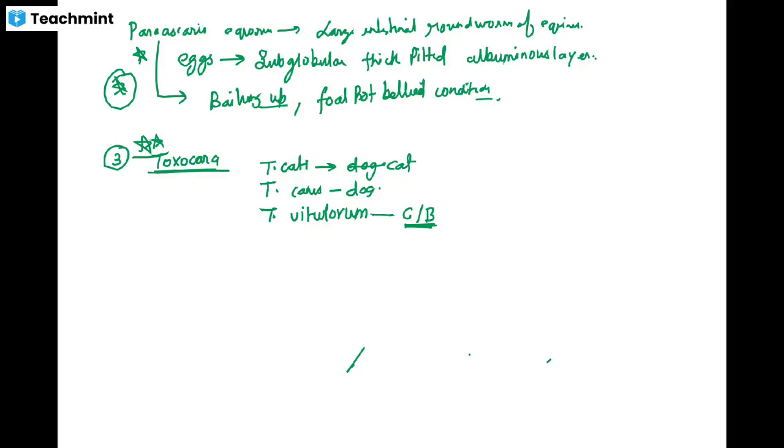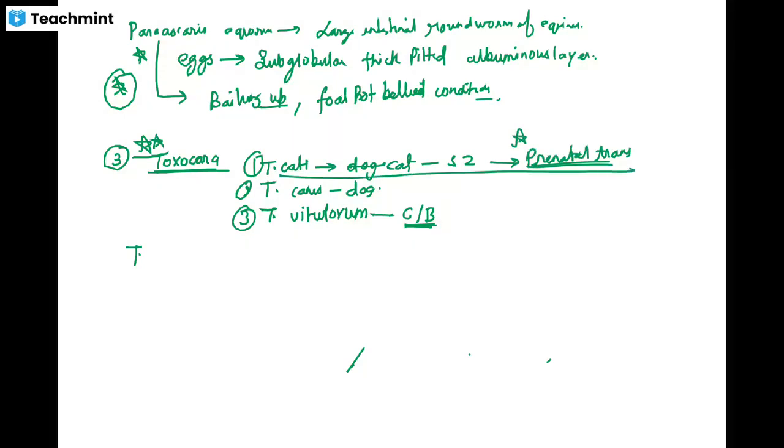तो फर्स्ट species is Toxocara canis, second is Toxocara cati, and third one is Toxocara vitulorum. So Toxocara cati is present in small intestine. In Toxocara cati, what you have to remember is that prenatal transmission is absent.